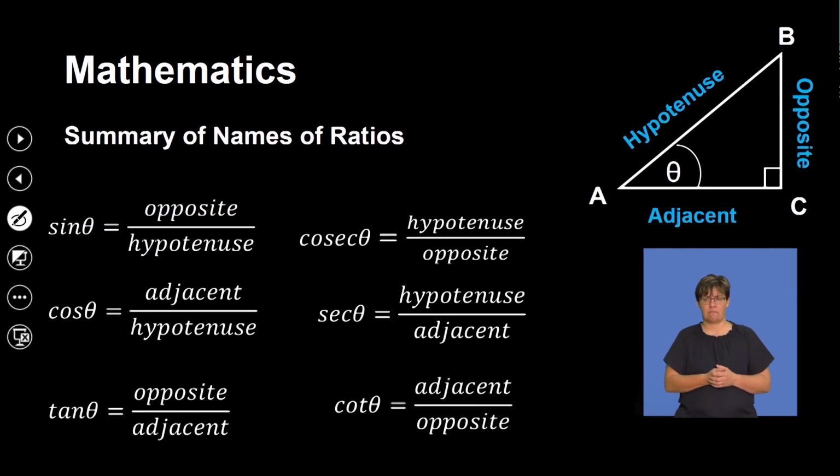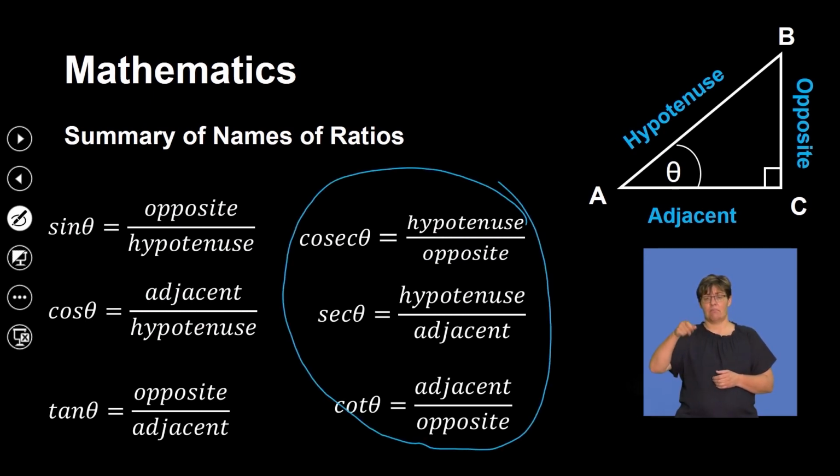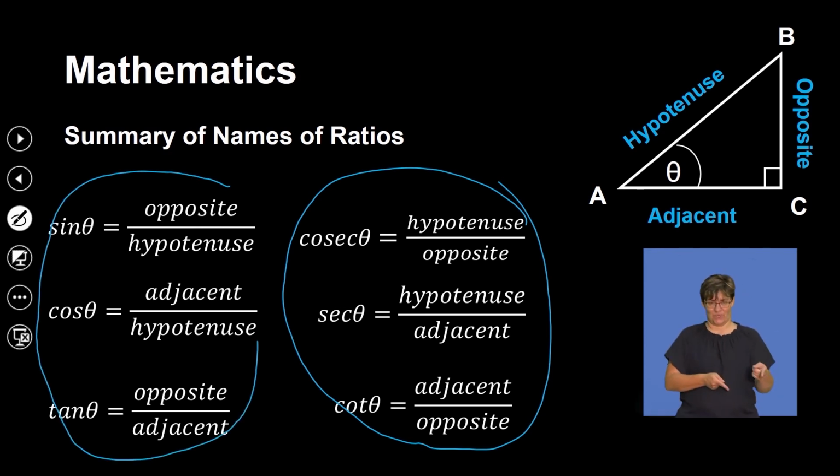We call these here the reciprocals. Remember, I was using the word reciprocal when I started here. We call these the ratios: sine, cos, and tan. And then cosec, sec, and cot are the reciprocals of the 3 main ratios.